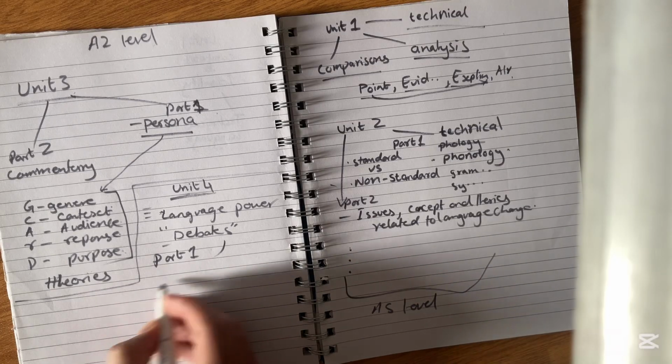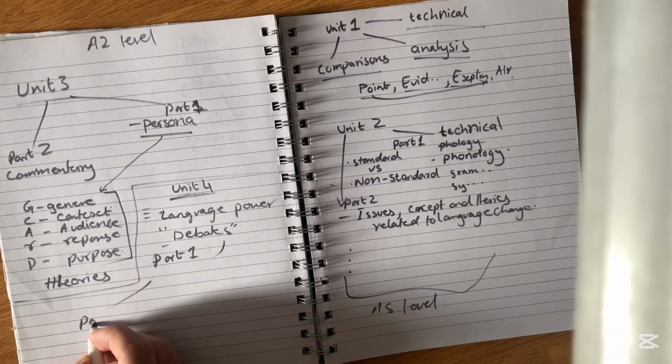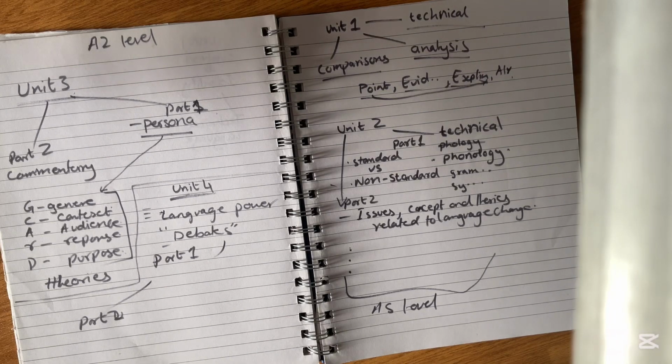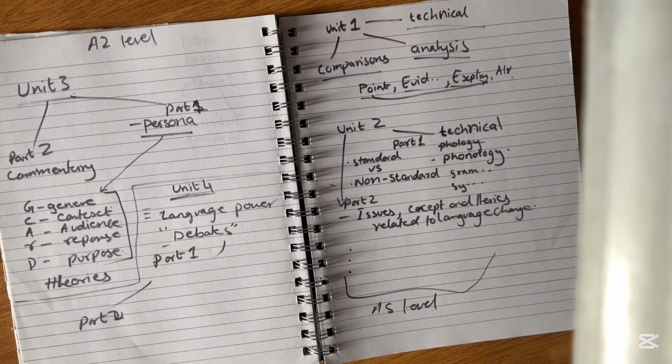Okay. And now let's move on to part 2 of our Unit 4 exam. Essentially, this part is where you just have to show off all of your research, every single thing that you know about the particular topic that's been given to you. When I say every single thing, I mean every single thing, right?